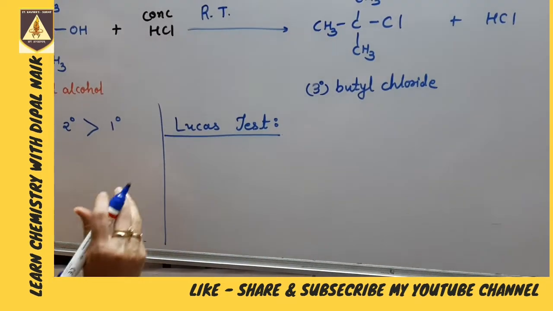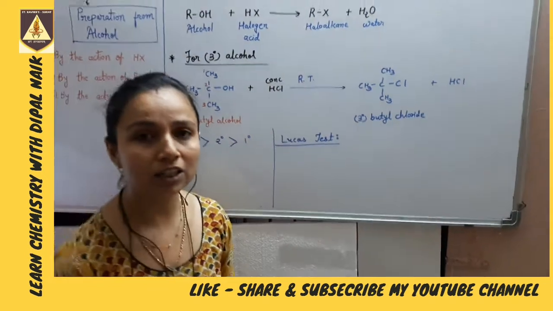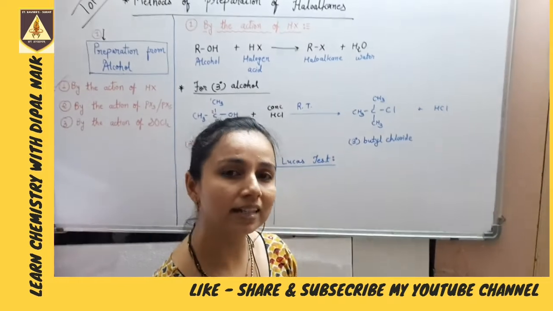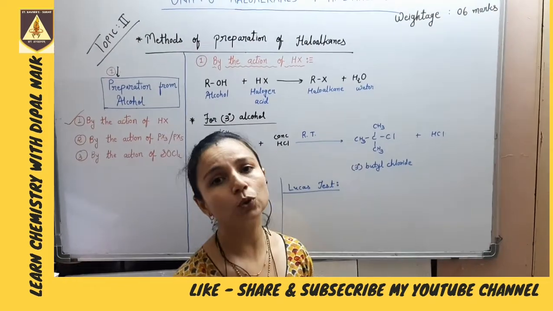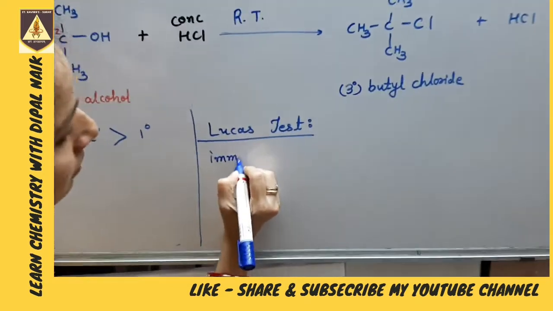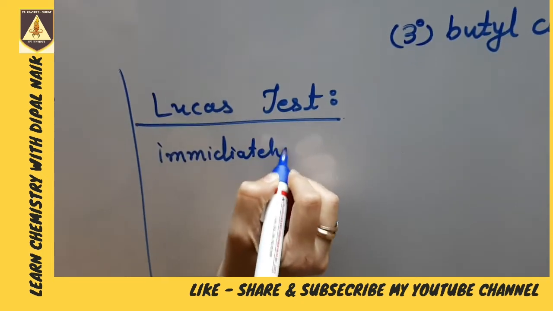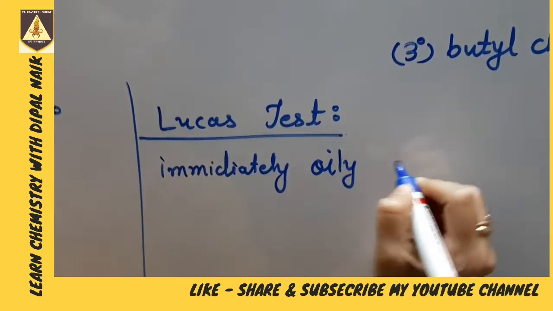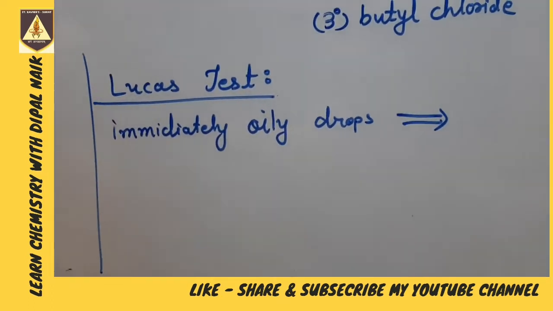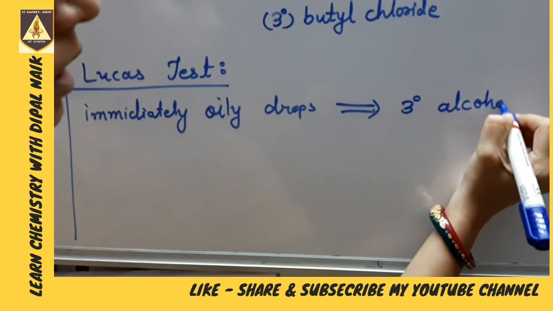If you add concentrated HCl in the presence of anhydrous ZnCl2 and heat the reaction mixture, and you immediately get oily drops, the conclusion is that tertiary alcohol is present.